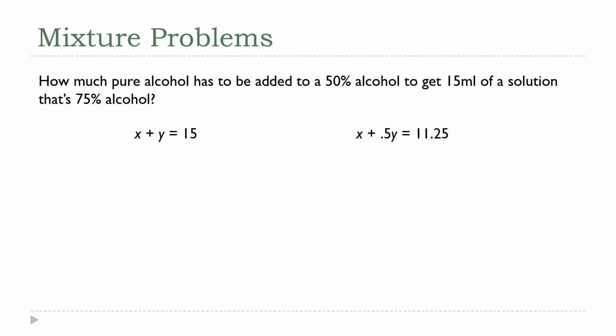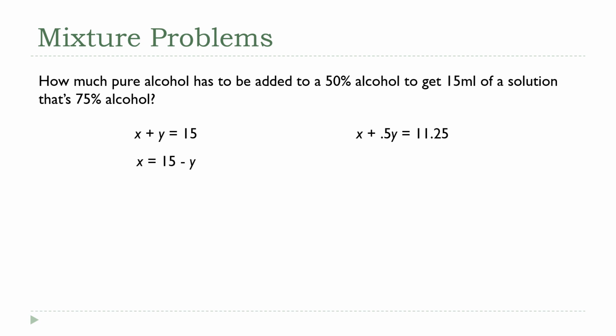So how are we going to solve this? Well, I'm going to do this by substitution, because I can solve for one of the variables really easily. I'm going to take that first equation, x plus y equals 15, and solve it for x.